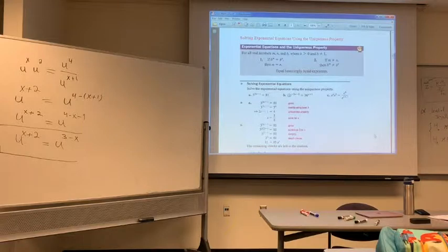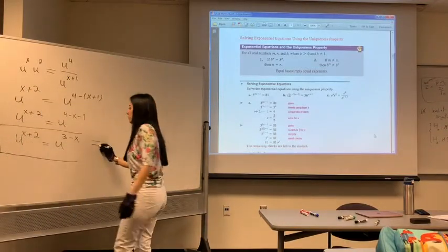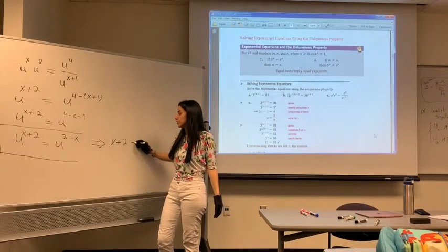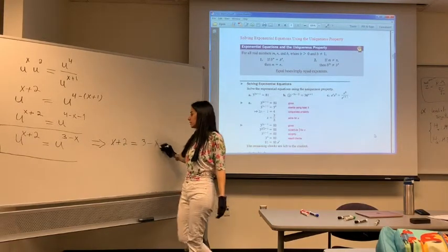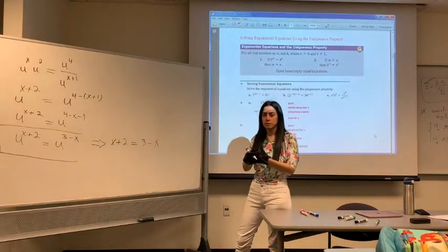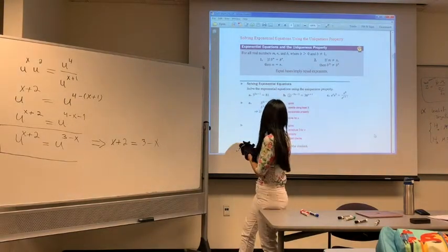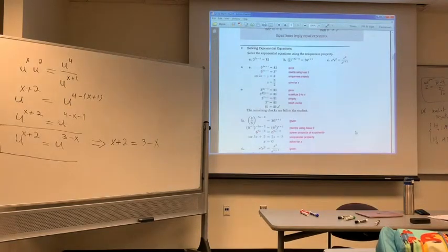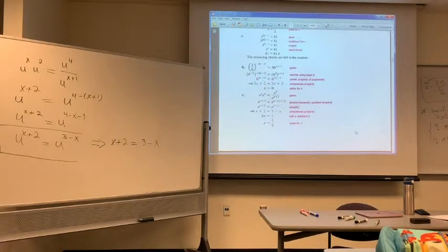So now, can I solve for x? Yeah. How? Exactly. Because the bases are the same, we say x plus 2 is equal to 3 minus x. Did I make any mistake somewhere?